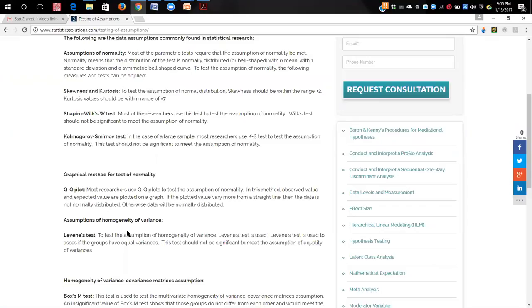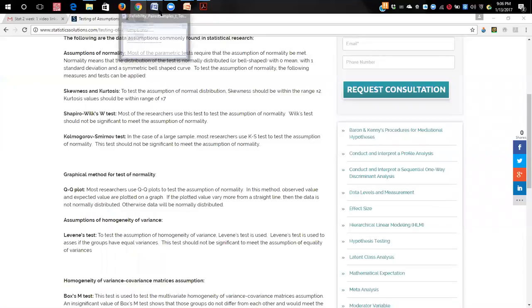So there are a lot of similarities in the underpinnings of ANOVA and regressions. And then the other thing that you can do is look at your skewness and at assumptions of normality.